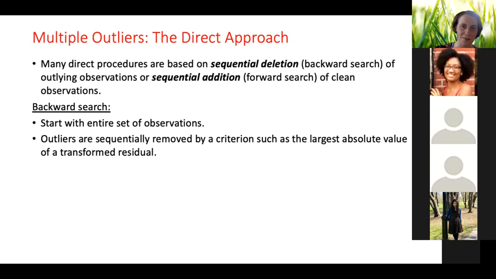Sequential deletion basically starts with a full data set, and then it sequentially, stepwise, removes values that are identified as outliers. And the sequential additions, also forward search, actually does the opposite thing.